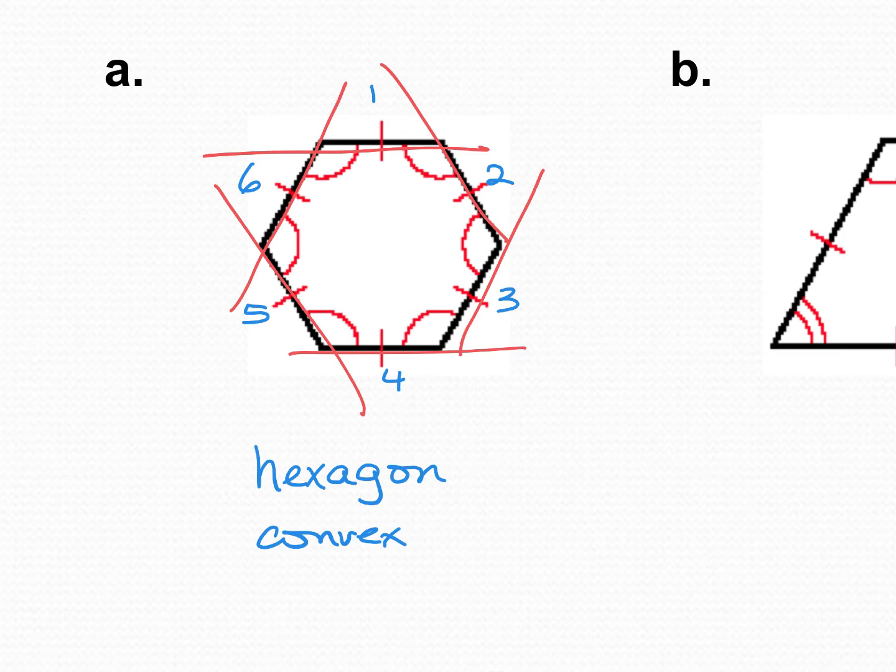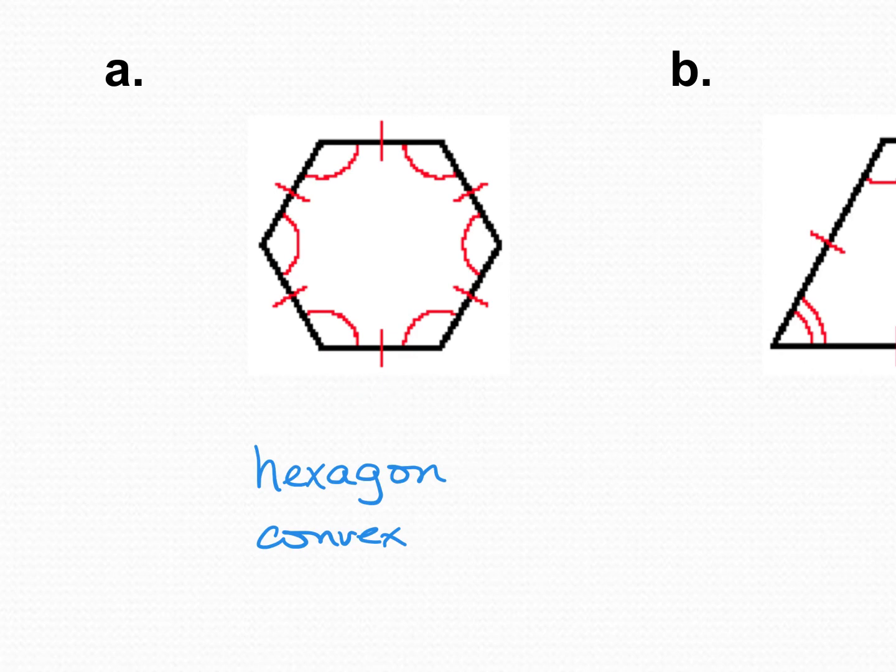Now, one other thing that you're going to see coming up is whenever you see that all sides have the same congruency marks, so you notice how this side has a single dash, same here, here, here, and then all angles have the same marking.